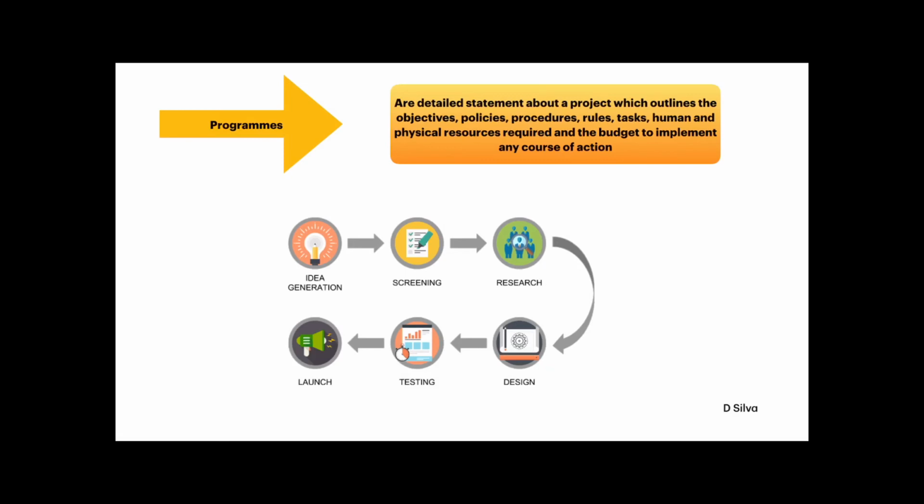It all starts with idea generation, screening, research, design, testing, and finally launching in the market. So, the minute you have an idea generation, it outlines the objectives, policy, procedure, rules, tasks, human and physical resources required in making a product, and finally launching that in the market.